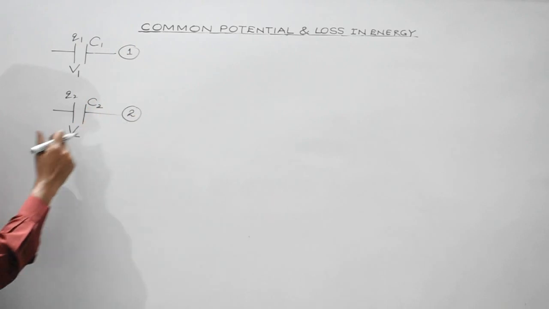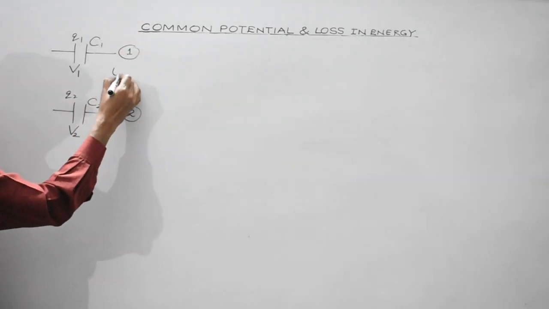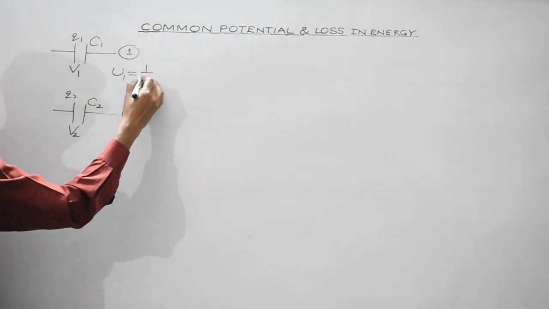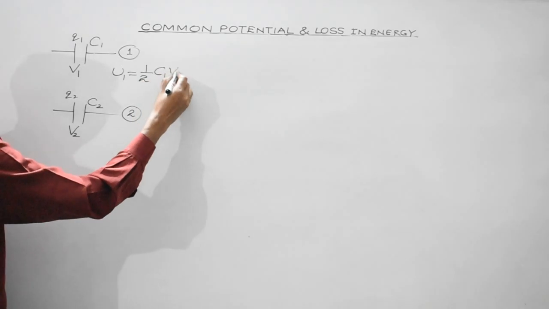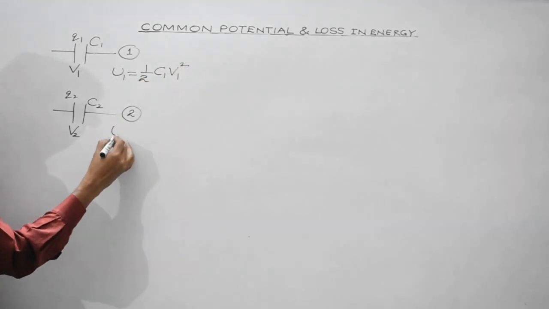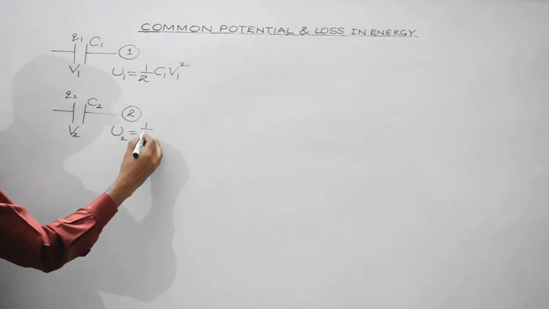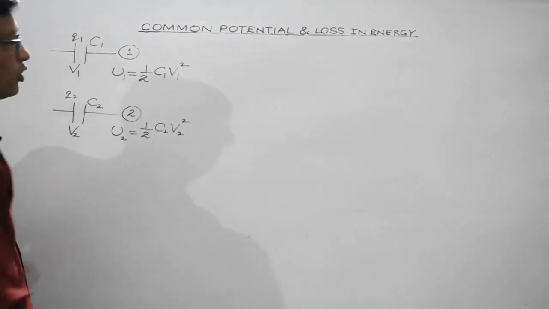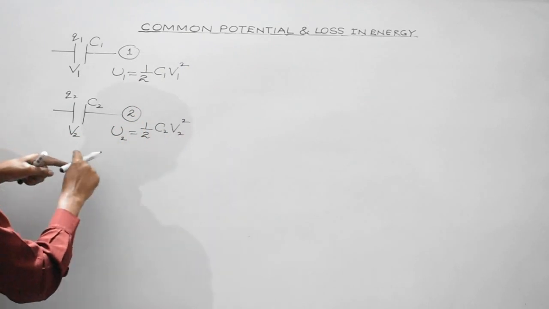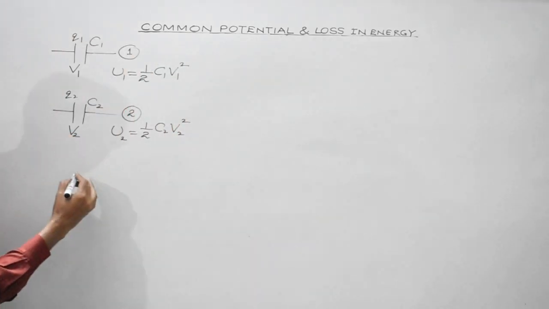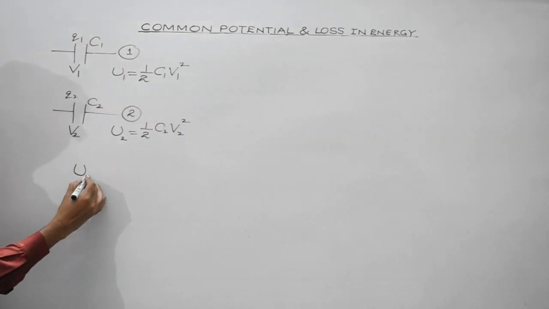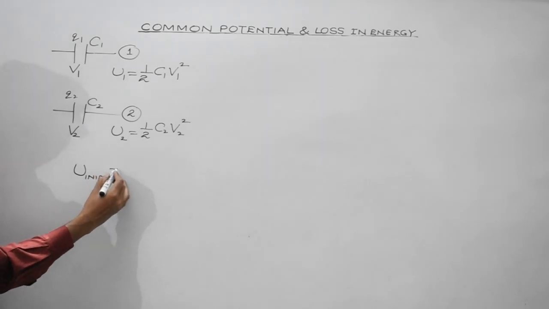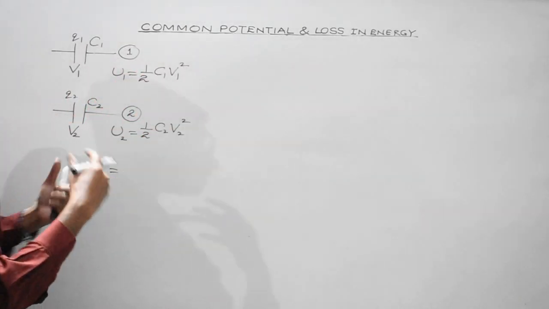This is the initial scenario, right? What is the initial energy stored in this capacitor? It is half C1 V1 square. What is the initial energy stored in the second capacitor? It is half C2 V2 square. So, if we talk about the system comprising of these two individual capacitors, then what about the total energy of the system when they are not connected?